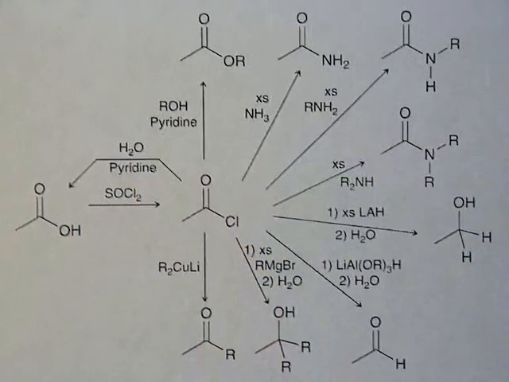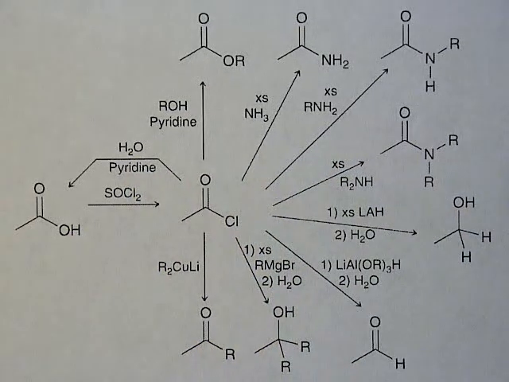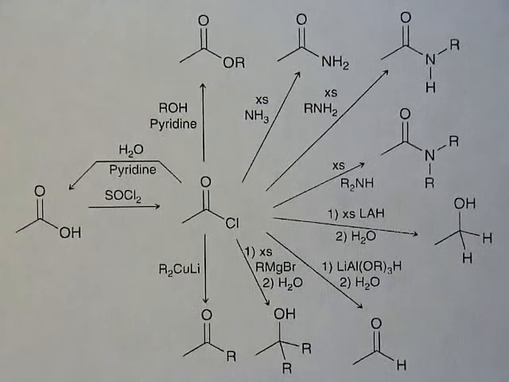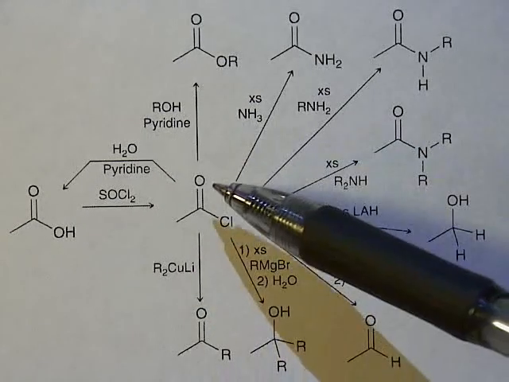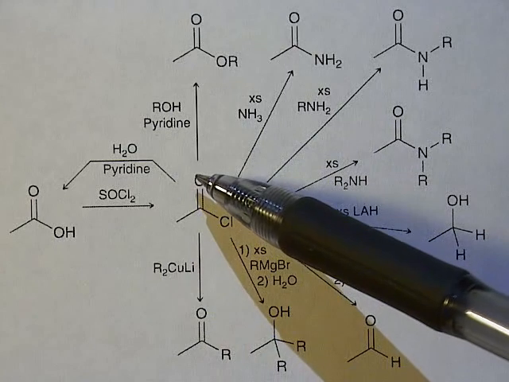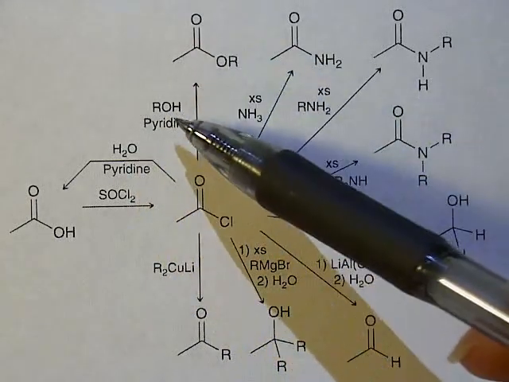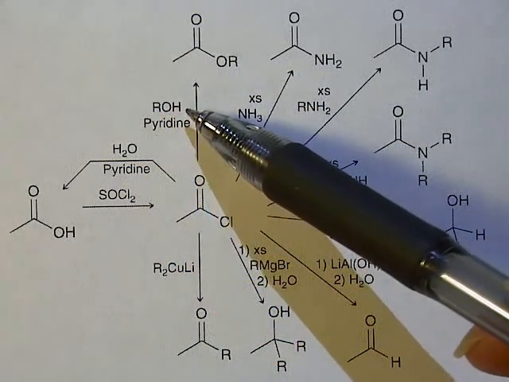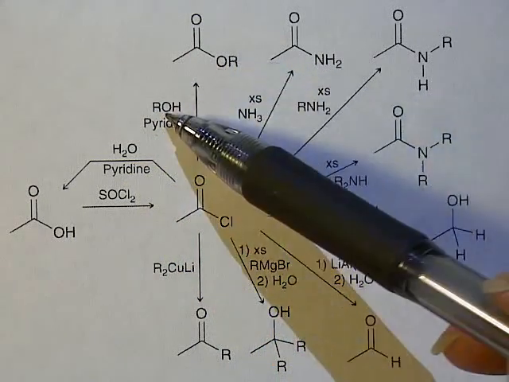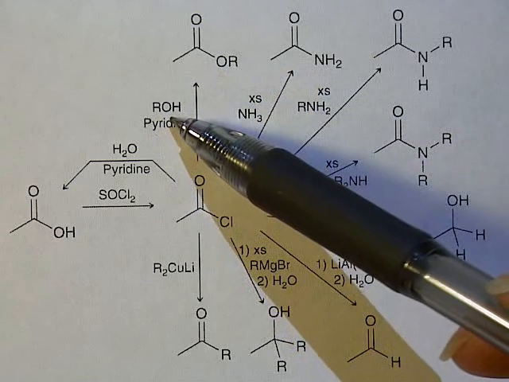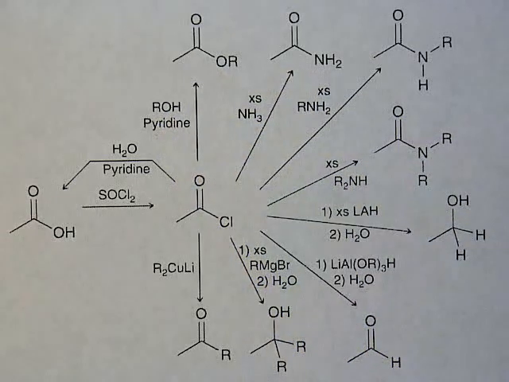All right. And by the way, you should be able to draw mechanisms of these reactions. So let's go over alcohol as well, because they'll be very similar in the mechanism. So when you have an alcohol, same thing. You're replacing the OR with the Cl, and then H will go with the Cl, making HCl.